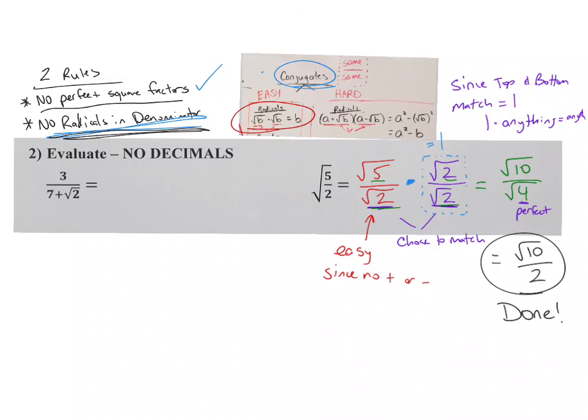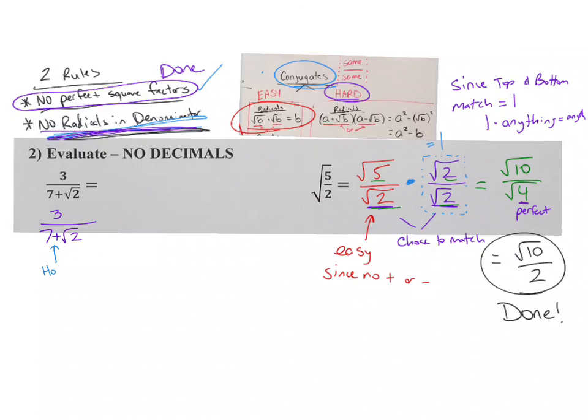So I'm going to do something very, very similar in number 2. Number 2, I have 3 over 7 plus radical 2. This first step is already done. So that means I have to do something with this, a radical on the bottom. This is a hard conjugate because of the plus sign right here.